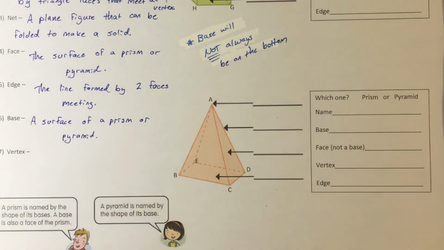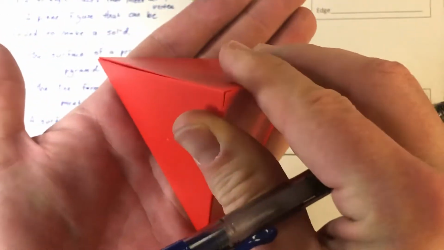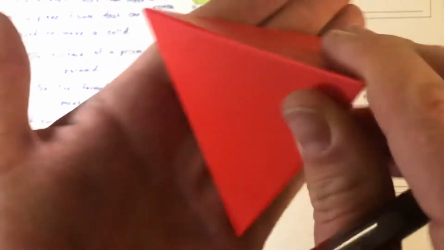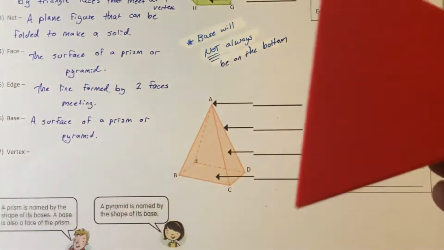Why is there a difference? Base typically refers to, if you're talking about a pyramid, the bottom face. So if you're talking about a pyramid, the base is simply the face that's on the bottom, typically. Again, you can turn it on its side, so it might not be on the bottom.